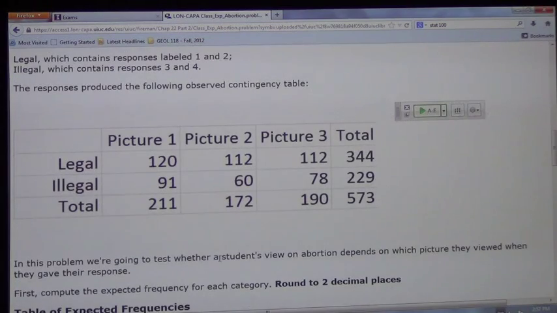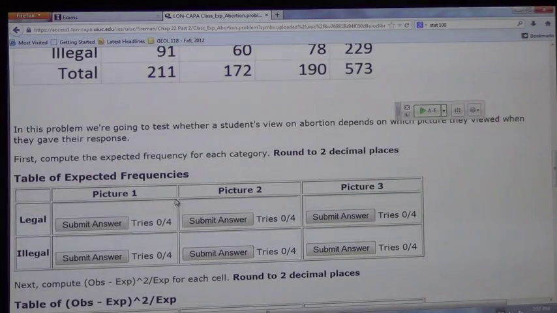You can read how I did that. And whether you have picture 1, picture 2, picture 3, and only 573 people did this survey because unfortunately we didn't keep it up long enough. Our next survey you're going to have up for a long time and everybody will have a chance to do it. All right, so this is how it came out, and those are observed.